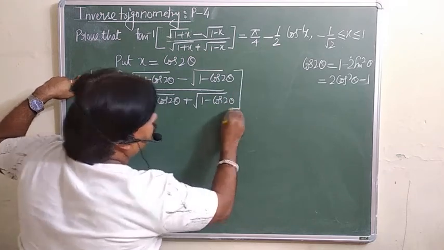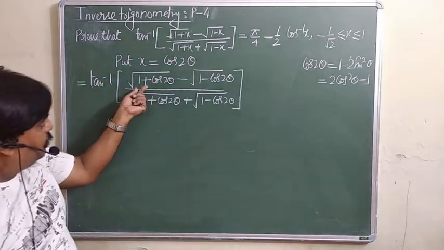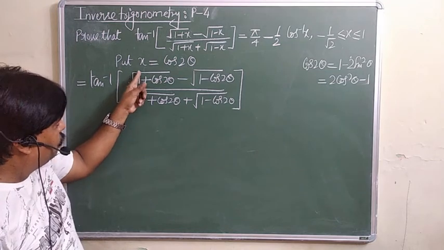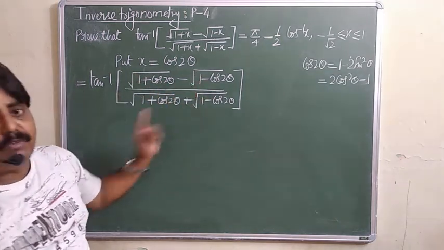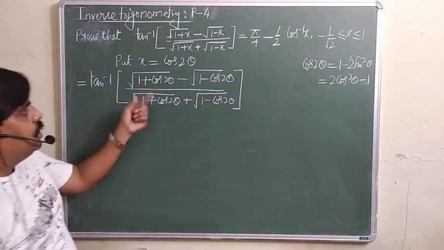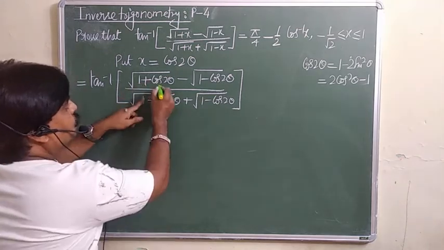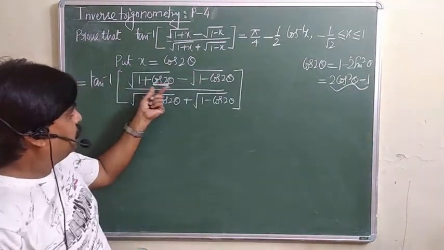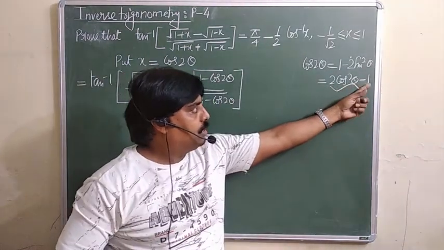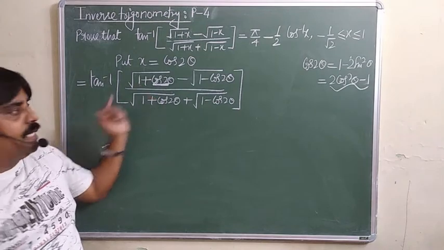Now our target is to remove this one. What do we have to do? We want to remove this so we can take out the square root. For this, cos 2 theta is equal to 2 cos square theta minus 1. Where the plus is there, you are supposed to put 2 cos square theta minus 1. So minus 1 and plus 1 you can cancel out.